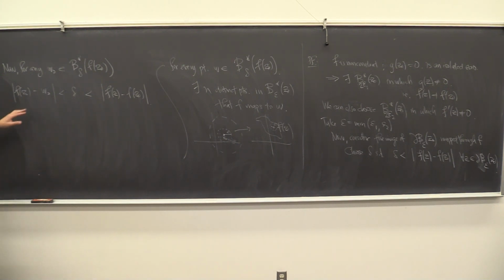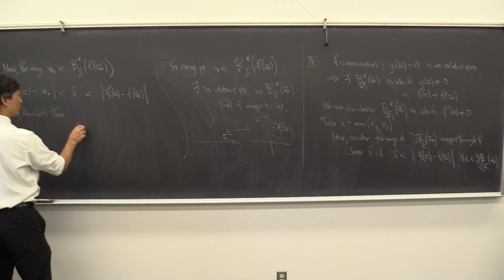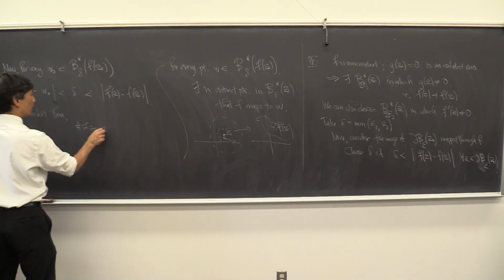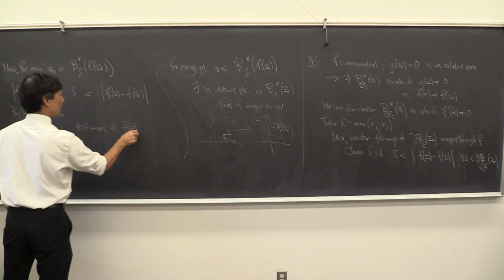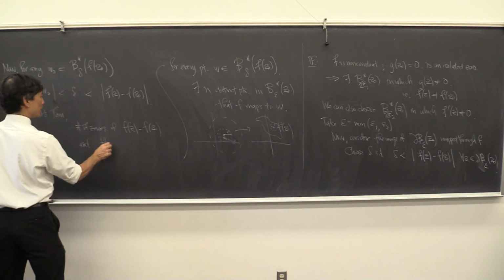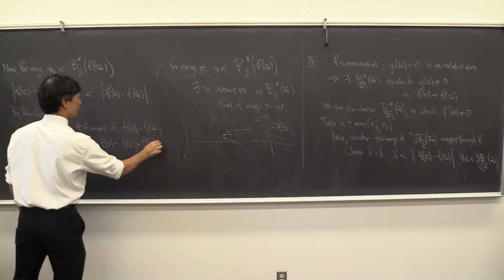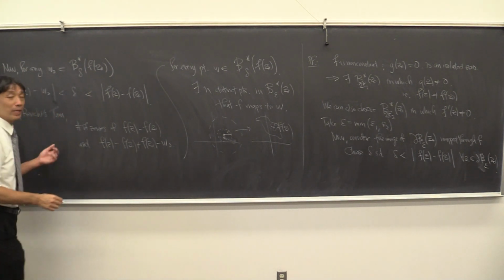So at this point, we use Rouché's theorem. By Rouché's theorem, the number of zeros of f of z minus f of z naught and f of z minus f of z naught plus f of z naught minus w naught are the same.